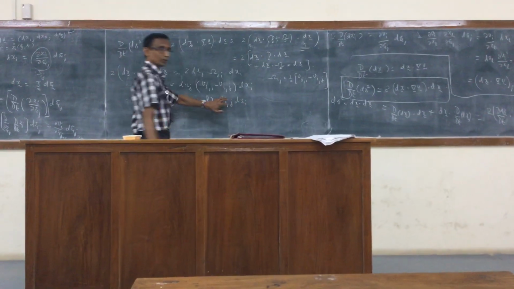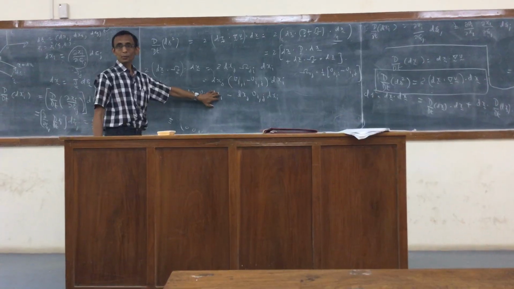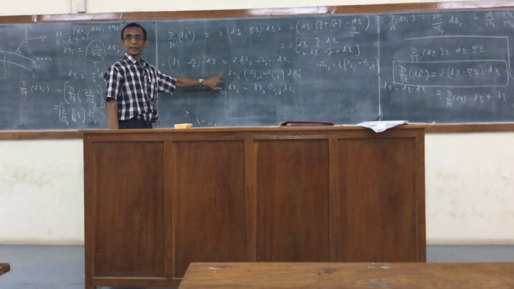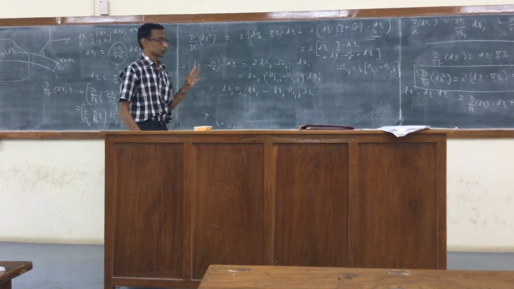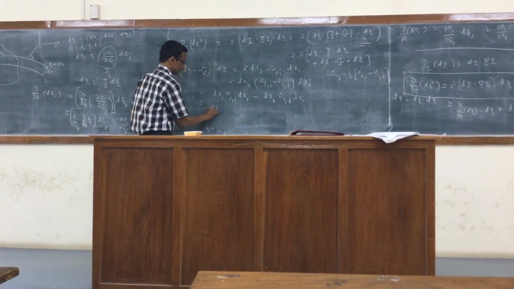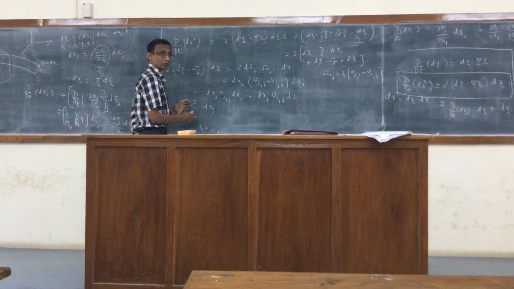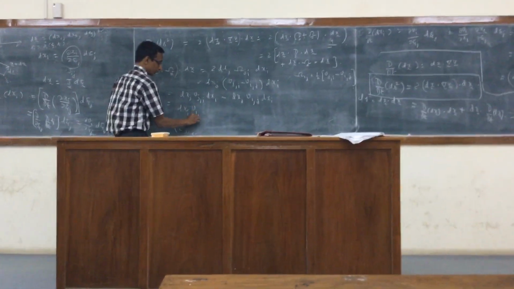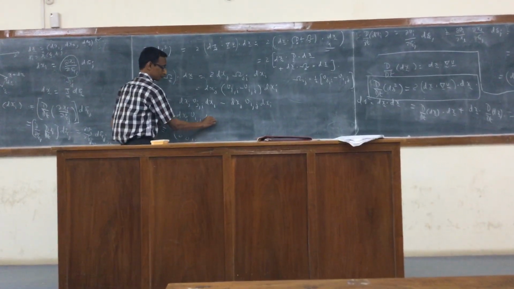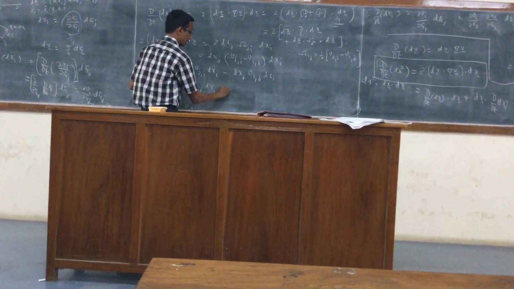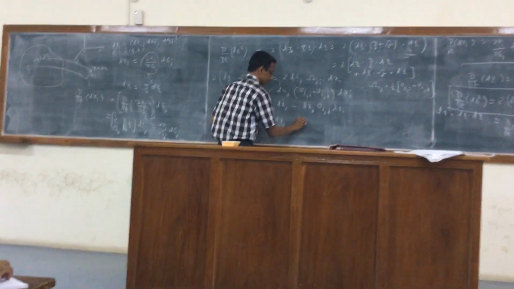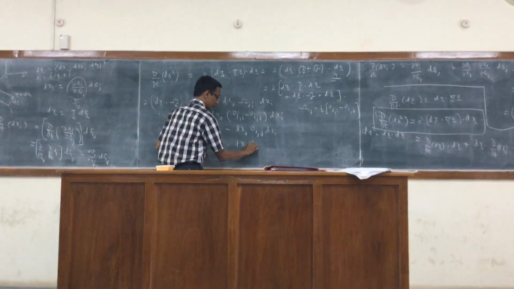So if I want to bring it to this form, this is sum over i and j, so I can interchange i and j throughout. The value will not change. So the first term I can write as dxi, interchange i and j, bi comma j dxj, minus, I write this as it is, dxj.